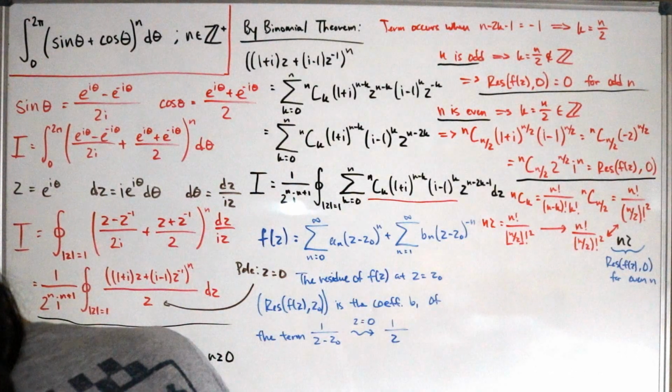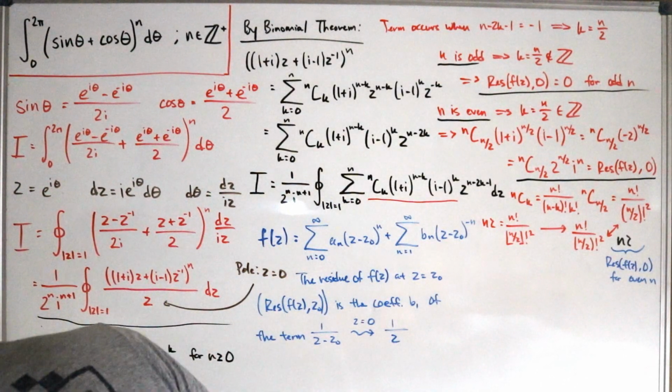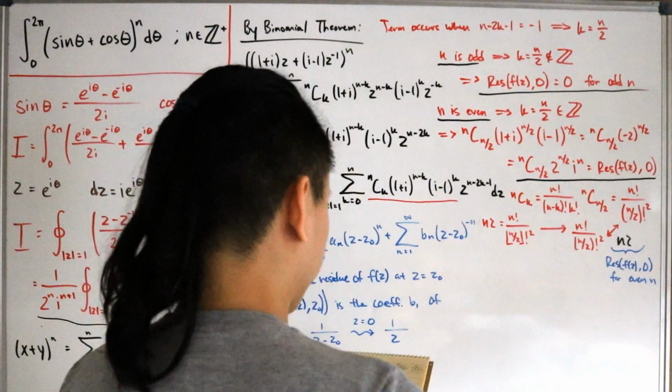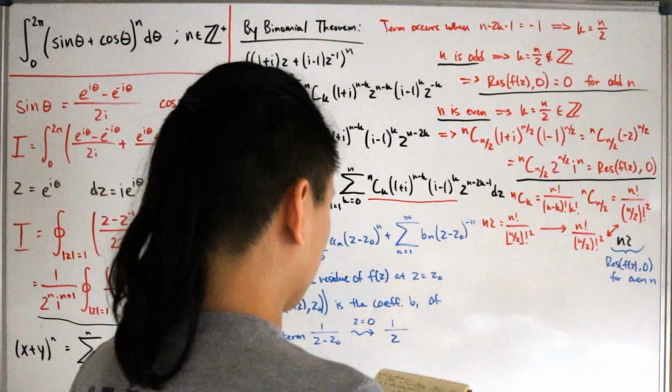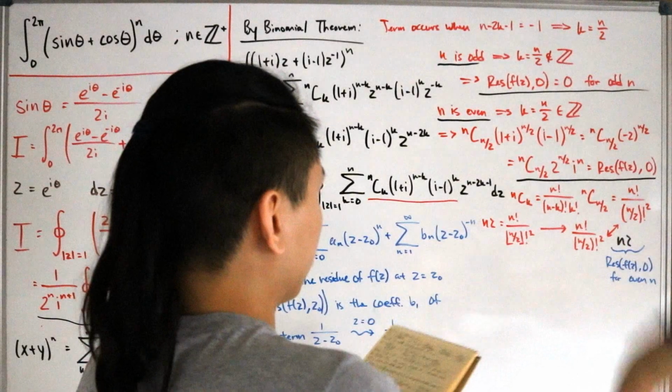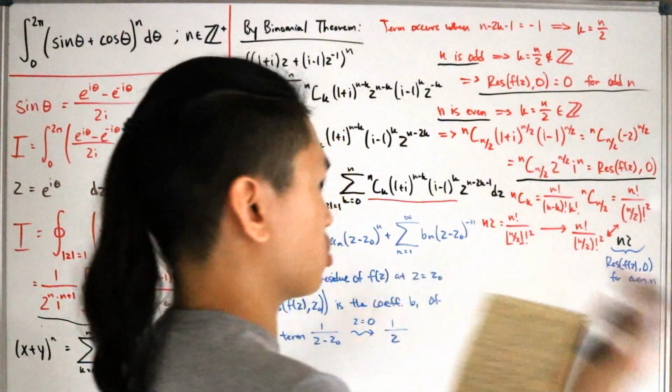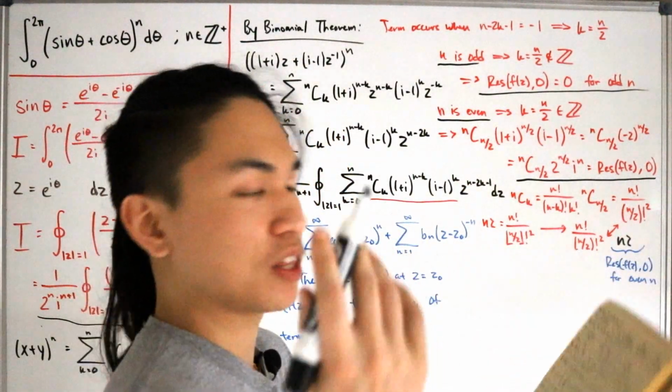All right, so now by the residue theorem, we know that the contour integral of a function f of z has to be over a closed and simple path. So it loops, in other words, and there's no intersection with itself within that path.